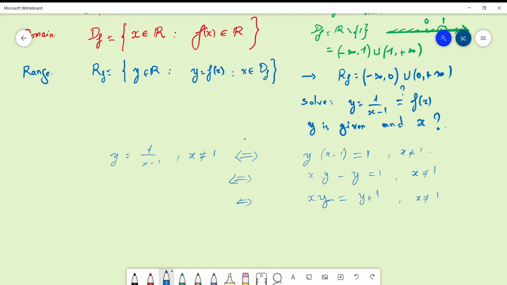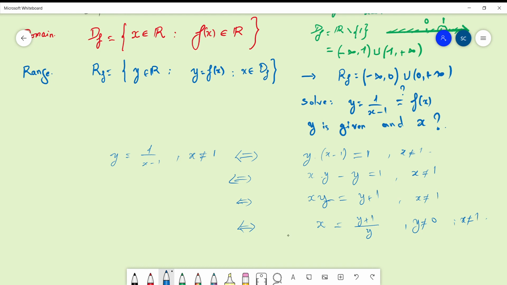You need to find x. To find x, you need to divide by y. To divide by y, you must be sure that y cannot be 0. So you can keep the equivalence, but you must add x equals (y plus 1) over y with y different from 0, and x different from 1.